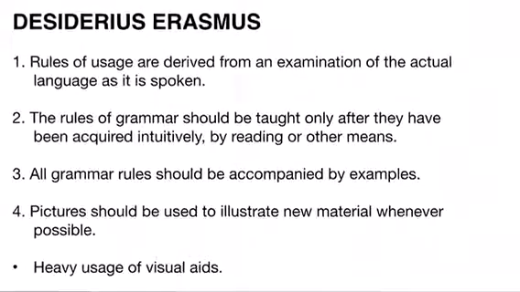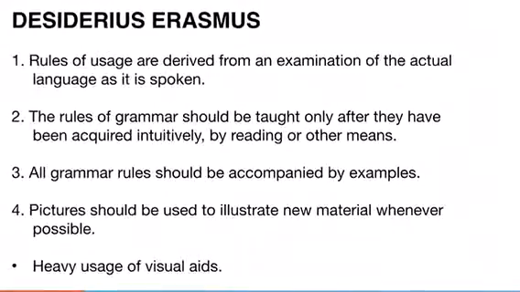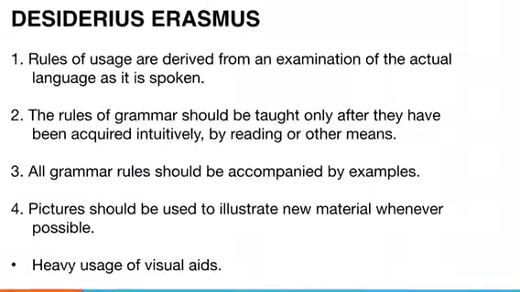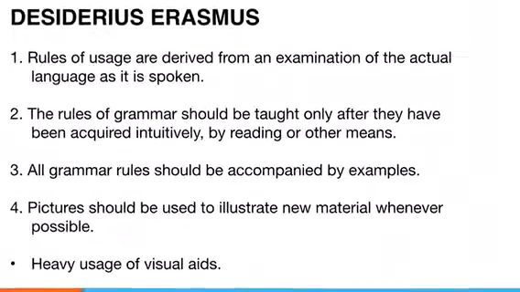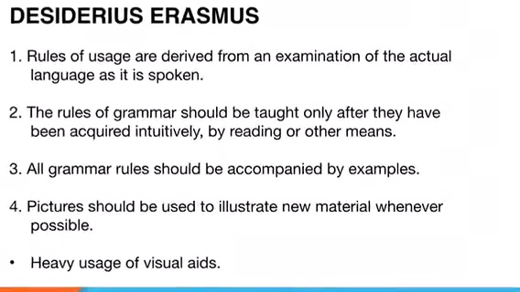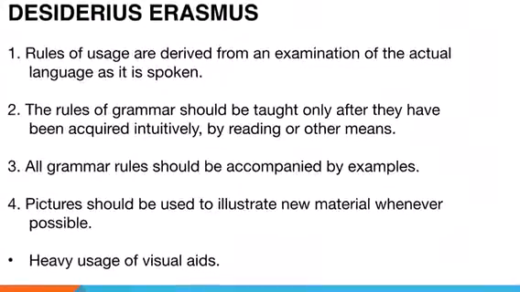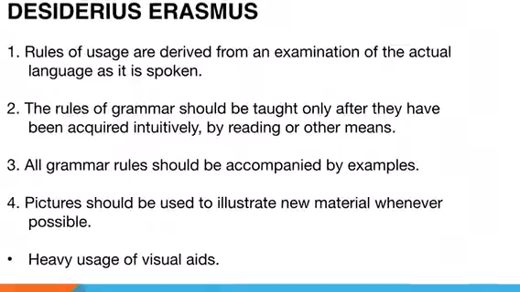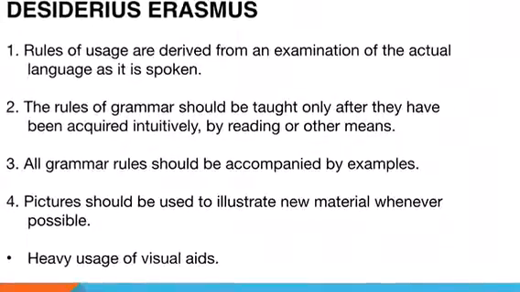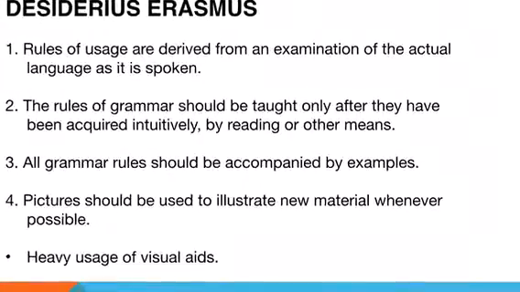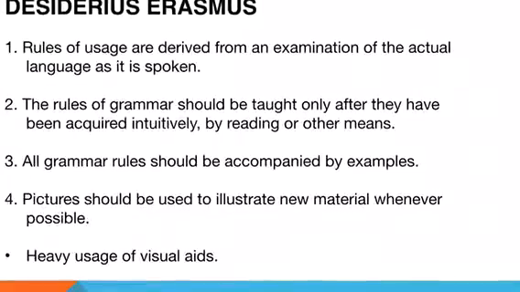Also, that grammar rules should be accompanied by many examples. And the last one was the use of pictures. He thought that it was really relevant to use pictures, and that they should be used to illustrate new material. He thought that the use of visual aids was also fundamental.